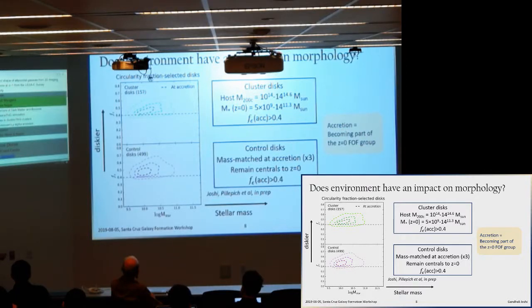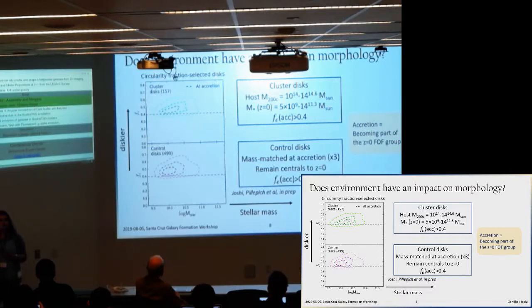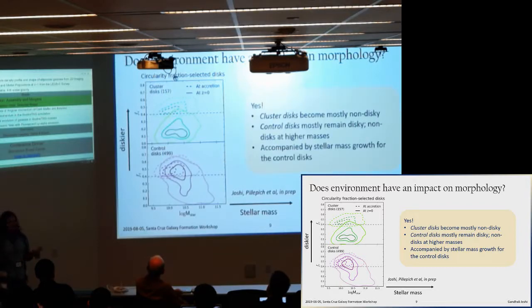So you can see that we start out with fairly similar distributions of morphology. And then we can follow these galaxies to redshift 0, and you can see, yes, there is an impact of environment. So the cluster disks are almost exclusively non-disks by redshift 0, whereas the control disks remain fairly disky, although at the high mass end, you do get a population that are non-disky at redshift 0.